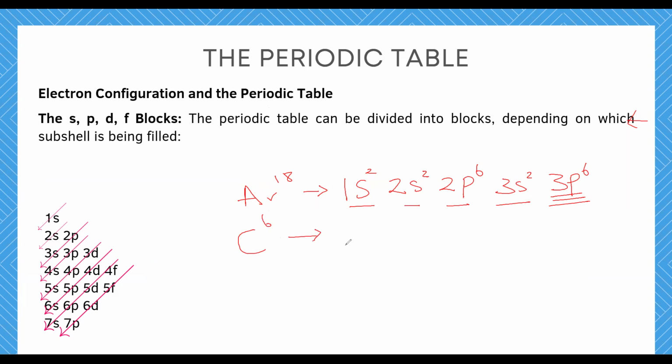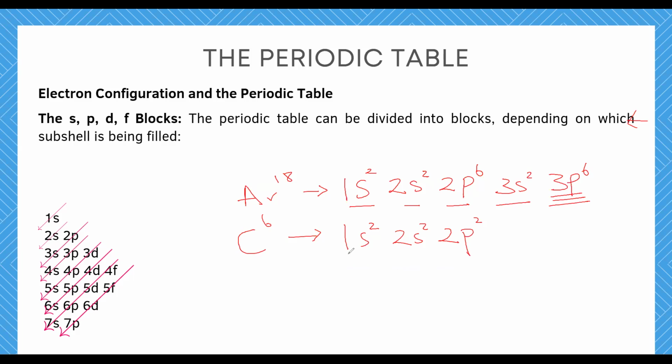Okay. 1s2. Beautiful. 2s2. Beautiful. And 2p2. 2p, how many? 2. Are you sure? Yes, sir. Good.